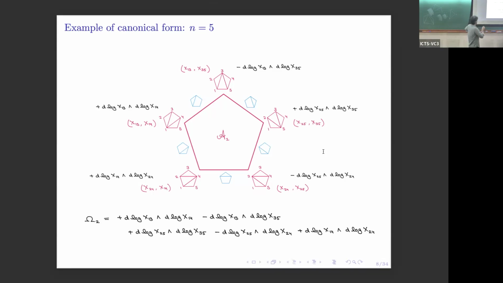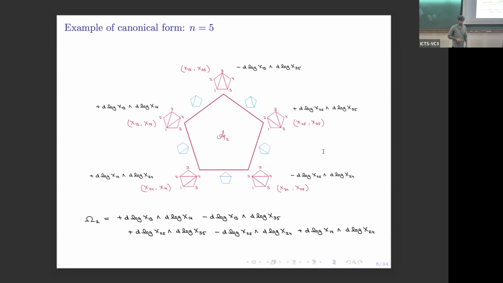Let's say you pick a plus sign for it. Then you flip it from here to here, and you get a negative sign. Now it is 1, 3, 3, 5. Similarly, you flip a sign, you have now 2, 5, 3, 5, and so on. So you have consistently 5 complete triangulations and 5 of these forms, and then you can add them all up, and this is the omega for n is equal to 5.